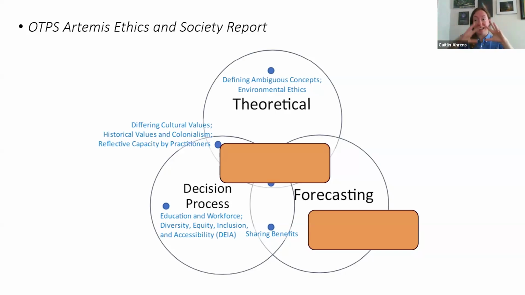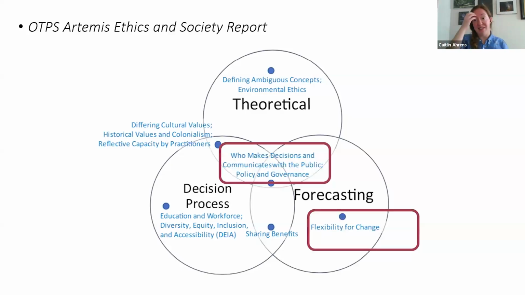Now, forecasting is kind of bringing all of these concepts and definitions and perspectives to go forward with that. So the two major things here is the flexibility for change, and then who makes the decisions, who does the communication come from, and who does it affect? What kind of ripple effect would we bring about with this?